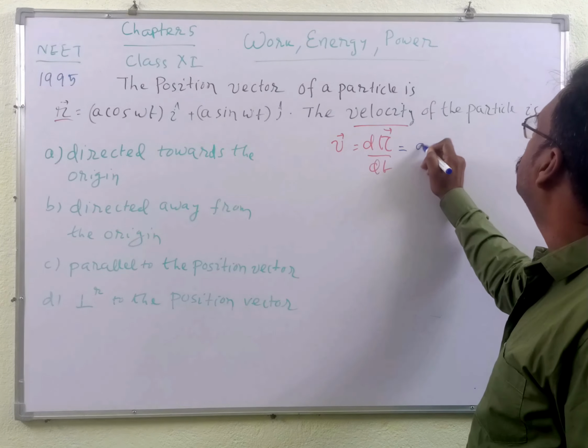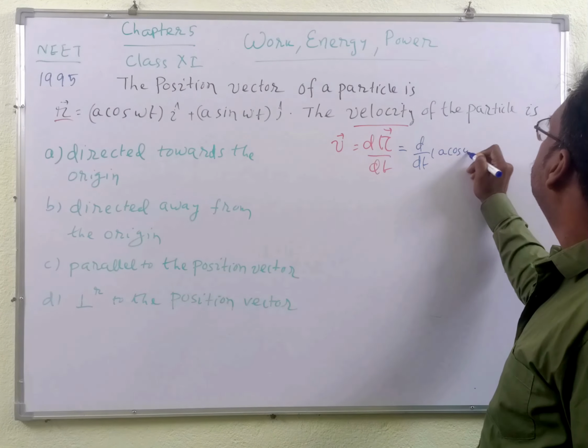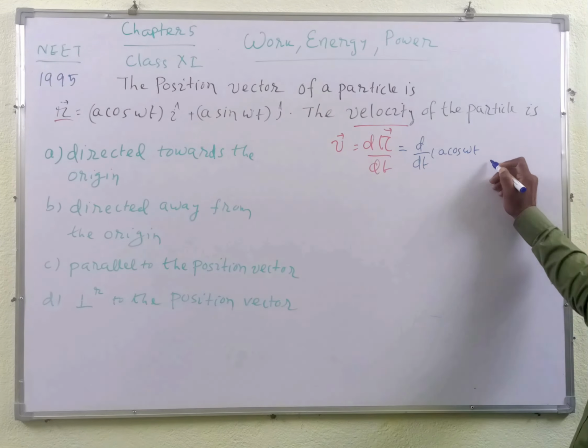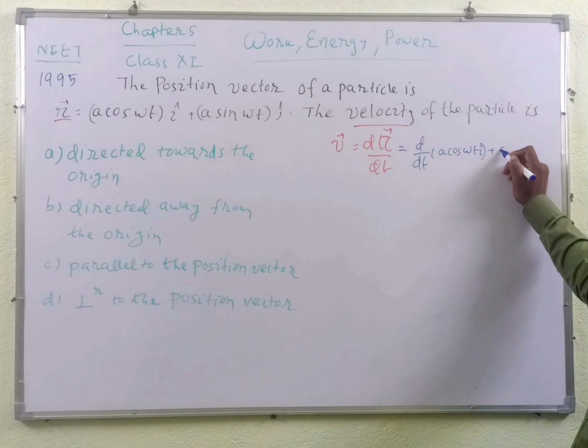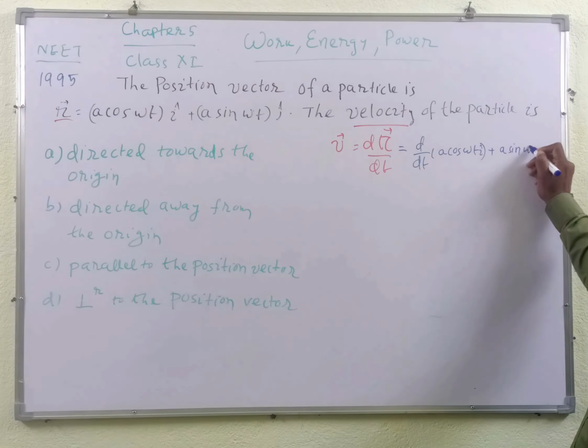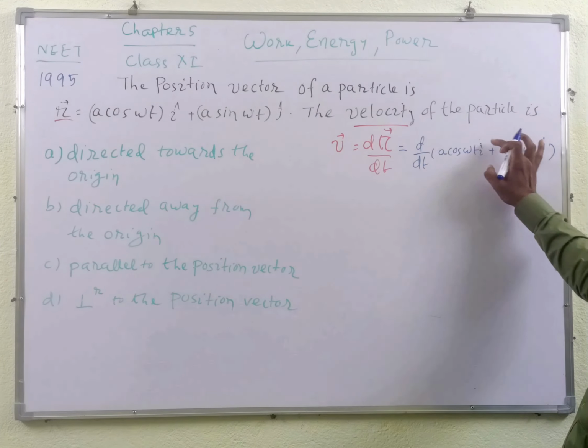v will be equal to d by dt of a cos omega t i cap plus a sin omega t j cap. Here that will be the bracket.